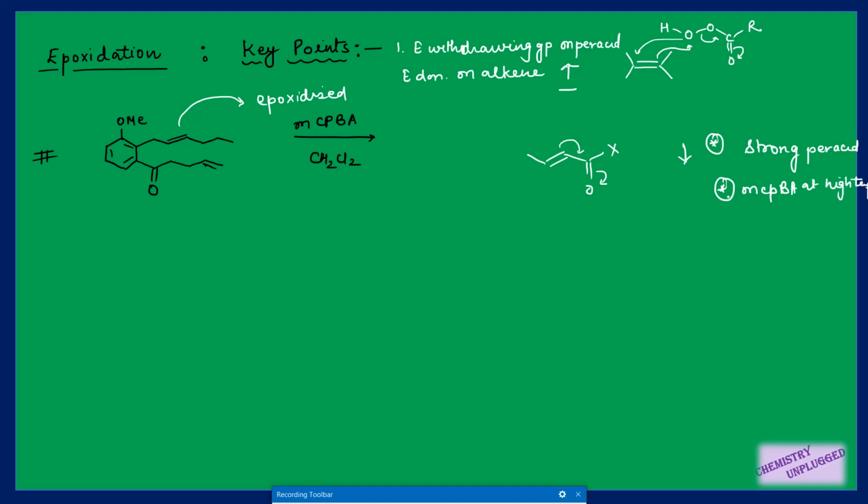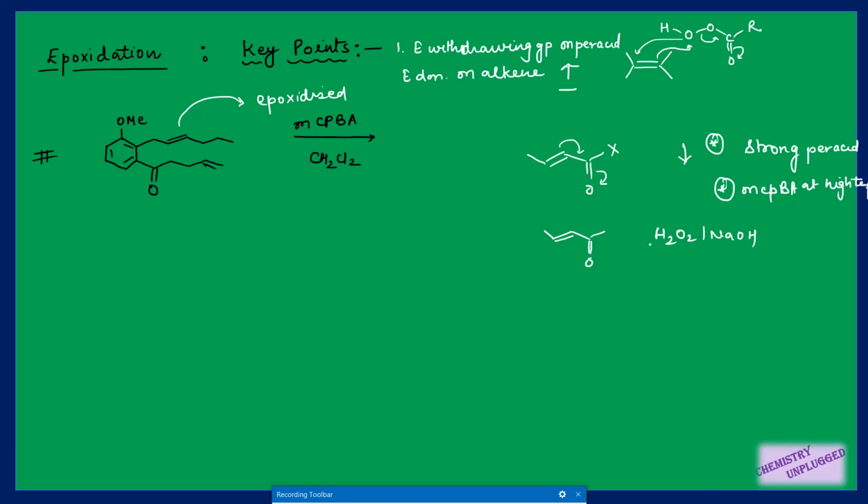One possibility is this. Other possibility is when you have this alpha beta unsaturated ketone or aldehyde, then in such cases we use different type of epoxidizing agents like H2O2 in presence of NaOH, because the epoxidizing nature of this H2O2 is due to its electron donating ability, right?